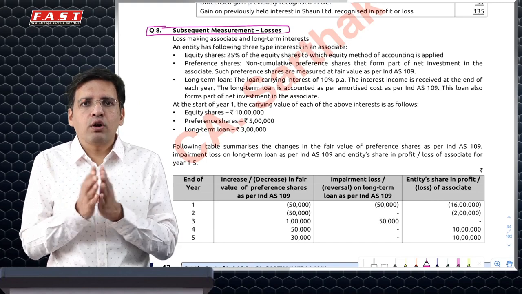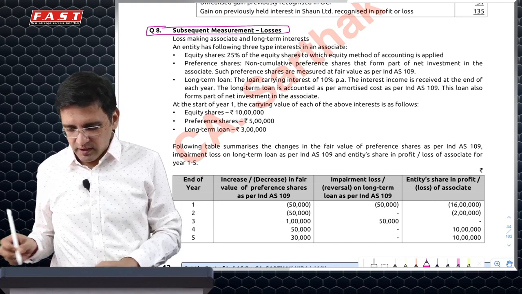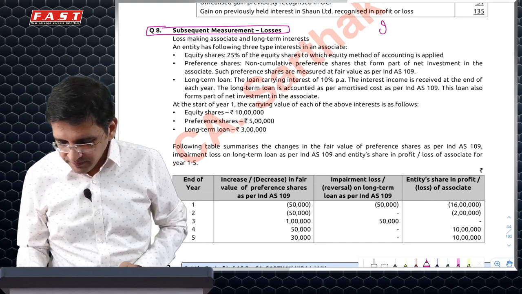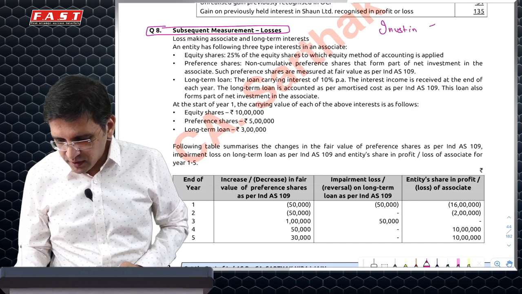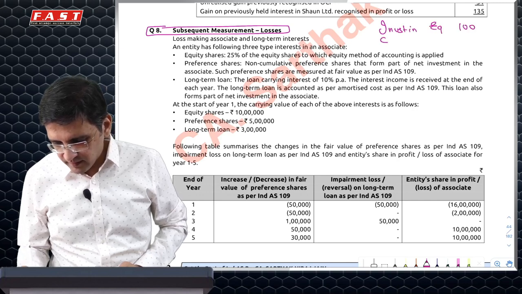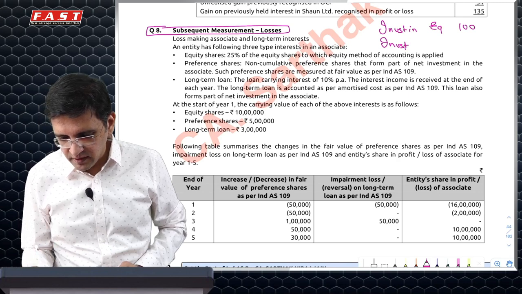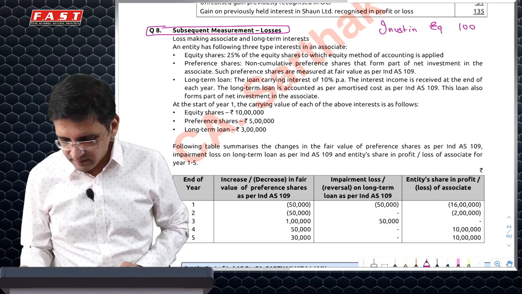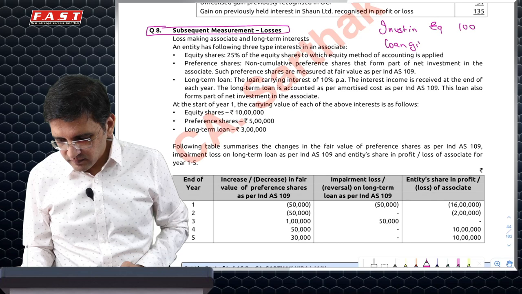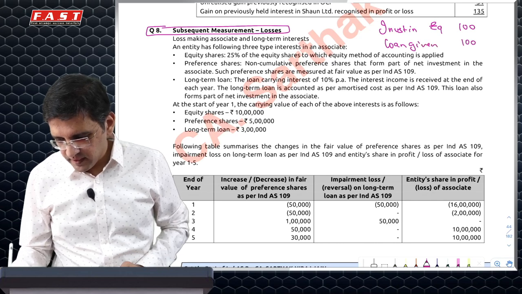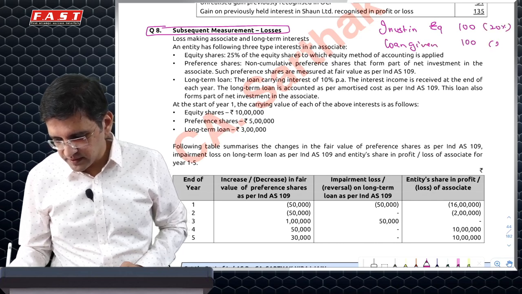In fact, okay, so let's not get too much confused on this. Investment in equity is 100 and investment as in loan given is 100. And this is representing, let's say, 20% stake.